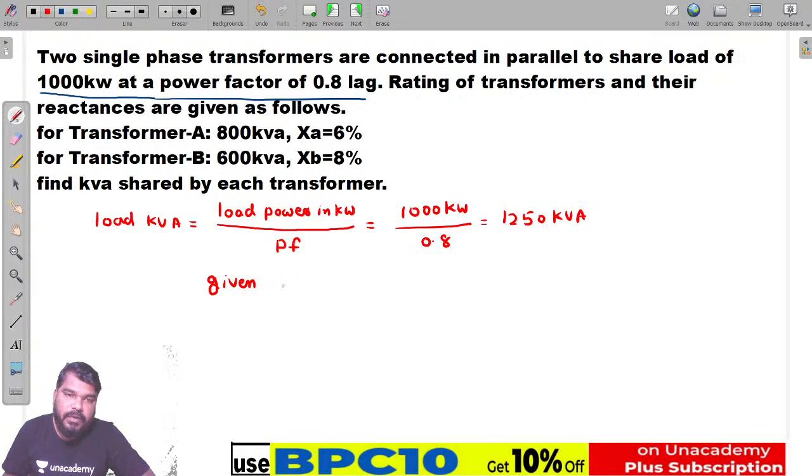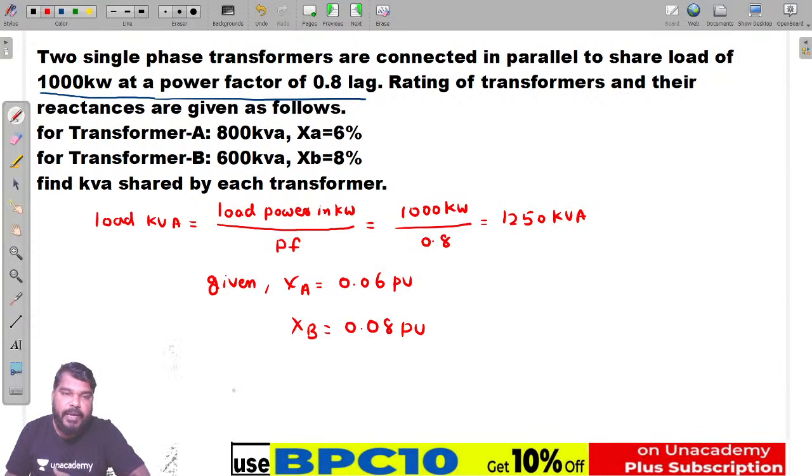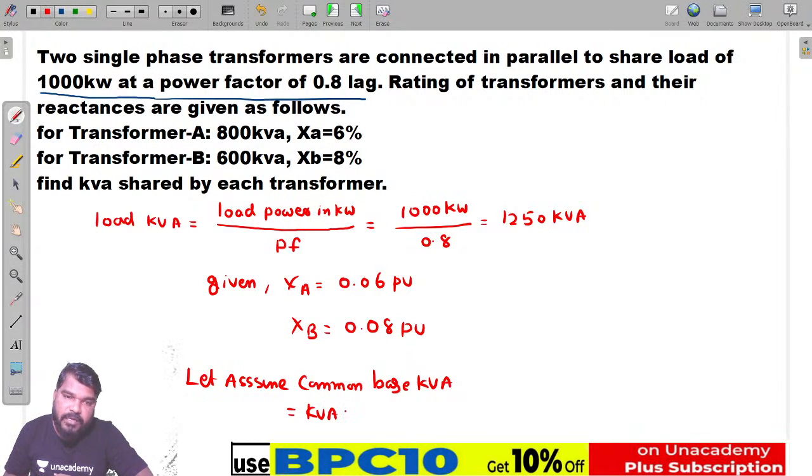Now XA is given as 0.06 per unit and XB is 0.08 per unit. Let us assume the common base kVA is equal to the kVA of transformer A, which is 800 kVA.